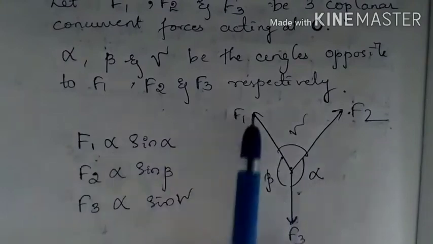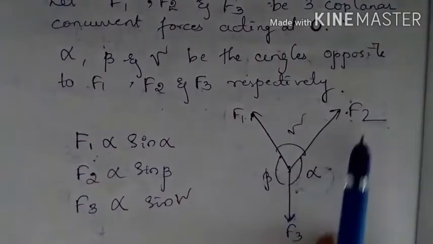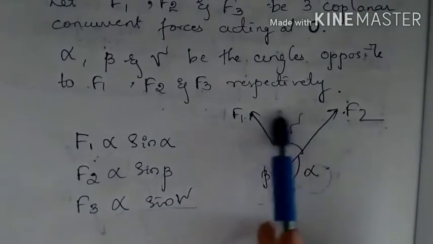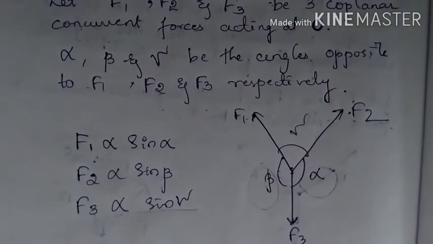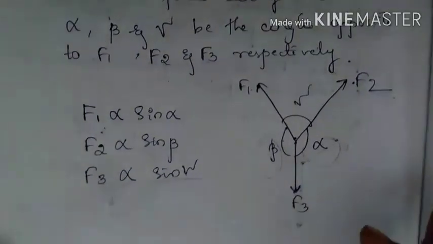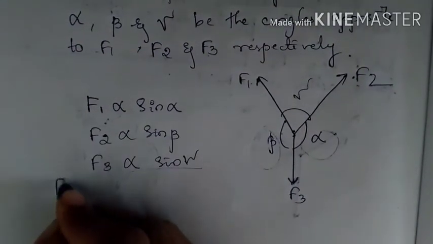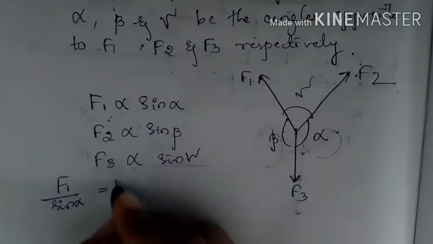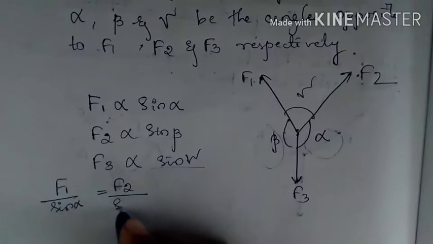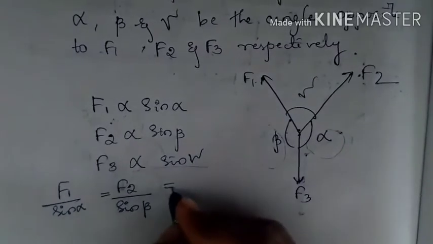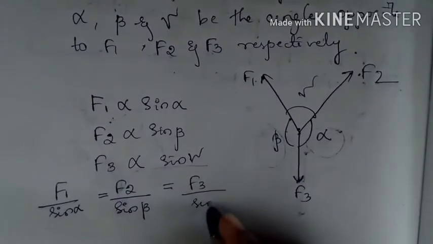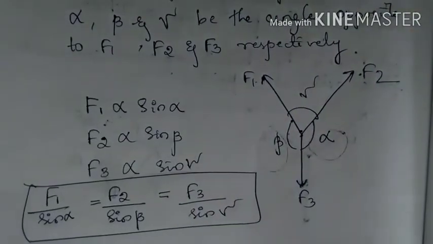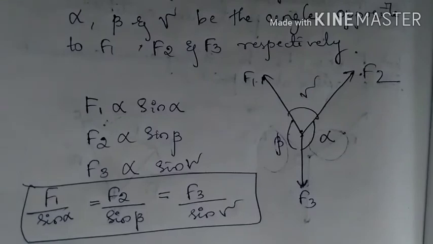So F1 is directly proportional to sine alpha, F2 to sine beta, F3 to sine gamma. From this you can write F1 by sine alpha is equal to F2 by sine beta is equal to F3 by sine gamma. This is the final equation for Lami's theorem.